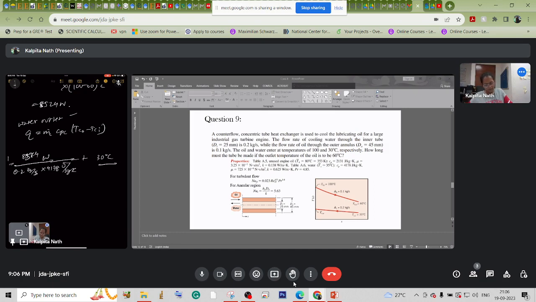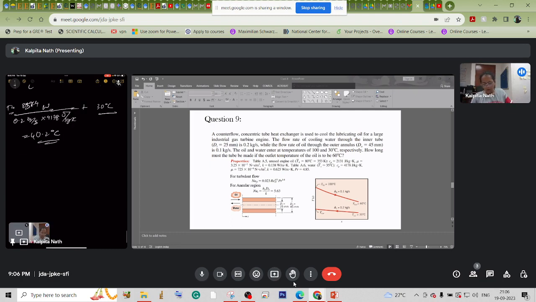So this is Tc naught, and it will come out to be 40.2 degrees Celsius.